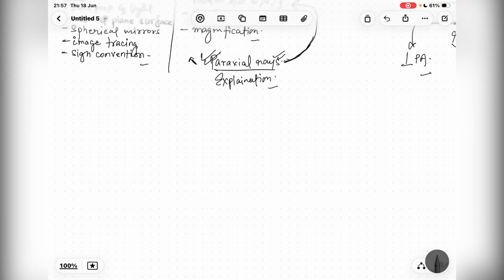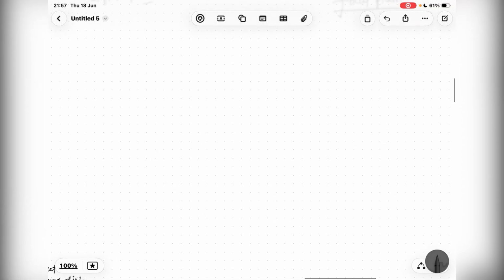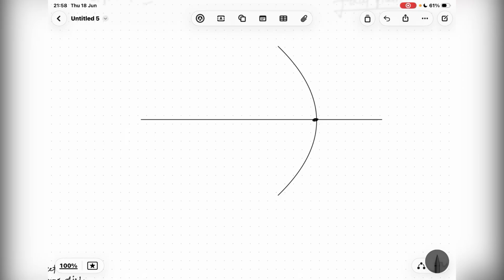Now let's establish the relation between u, v and f. So as usual, we will take a mirror. This will be our principal axis. So this becomes our pole.